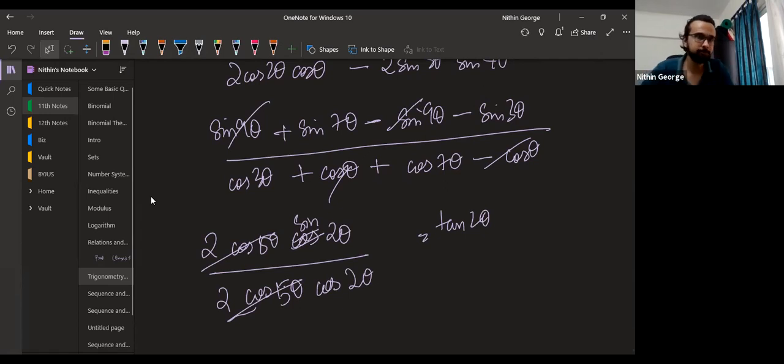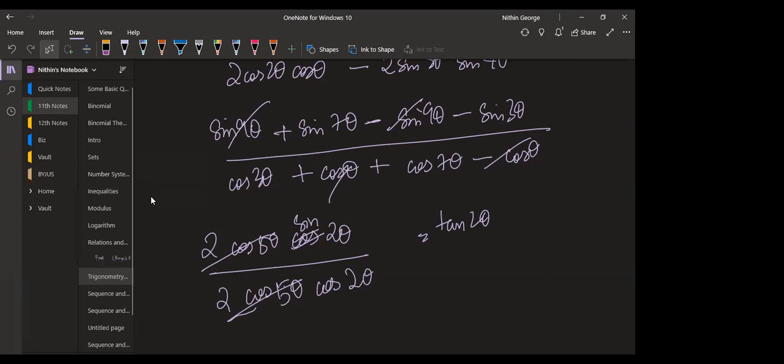What can you do from here? Sir, substitute theta equal to 7.5, you get tan 15. So tan 15 you write as tan (45 minus 30).